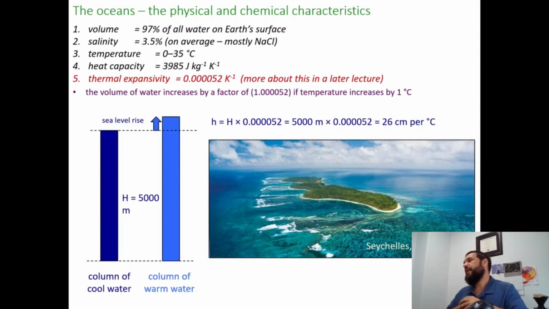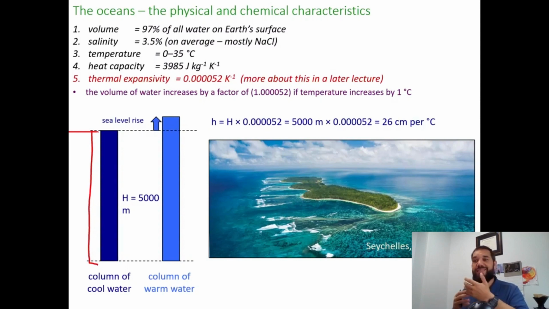So that's why, for example, when it comes to things like sea level rise, it's not just a matter of extra water coming into the ocean from glaciers that might be melting off. That's part of it. But there's another part, which is that the water itself is expanding as it heats up. So, for example, the average depth of the ocean we learned is about 4,500 meters.